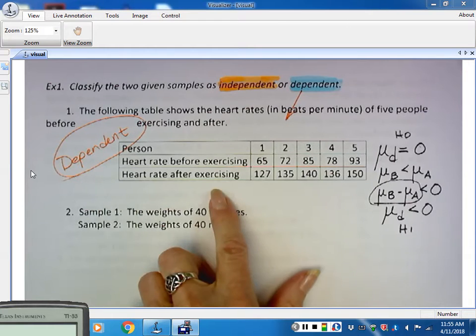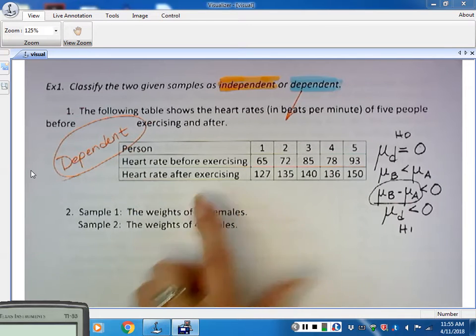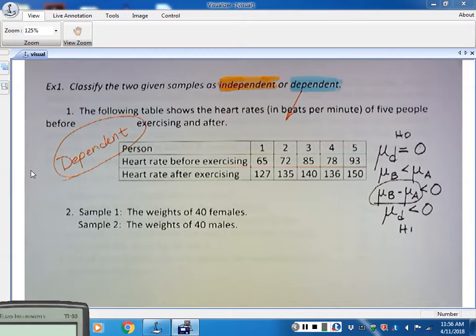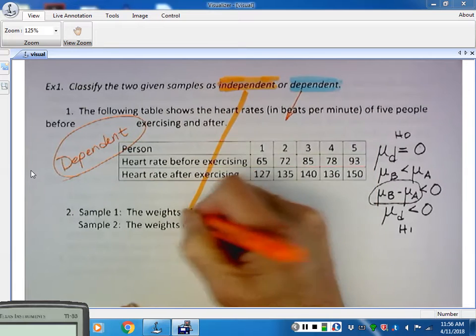Here, the connection had to do with the heart rate, and those heart rates were coming from the same person. If we had the heart rates of 40 females and the heart rates of 40 males, still no connection because we're collecting the data from different people. So that means this one is actually independent.